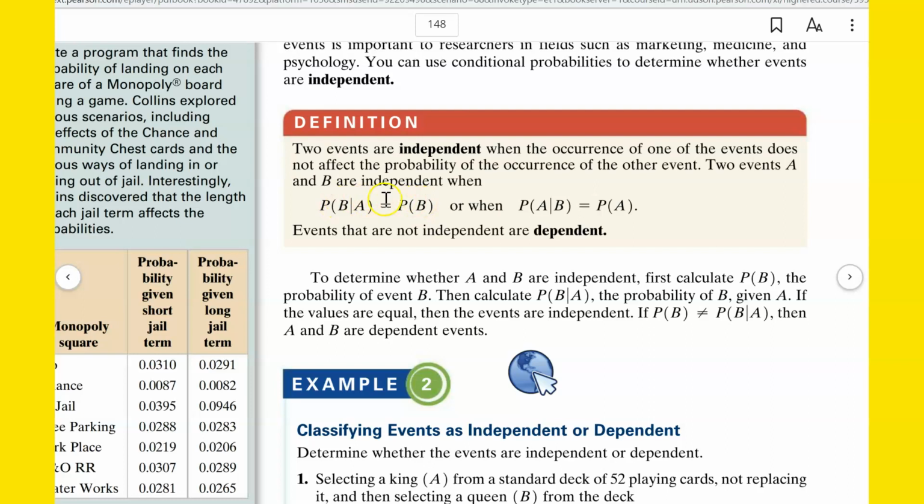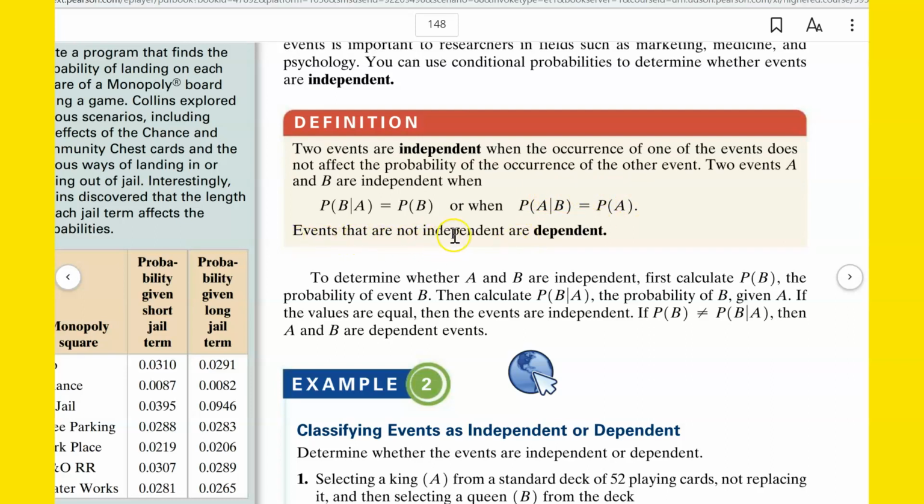So A did not affect B. Same way if we go the other way. What's the probability of getting heads given that you roll a 3? Well, that's just 1 out of 2. Rolling a 3 doesn't affect whether you will get heads or tails. So the probability of heads given 3 is simply equal to the probability of heads in general.